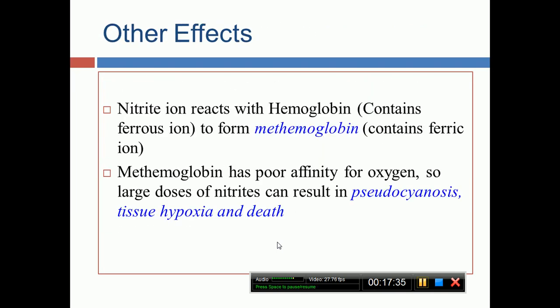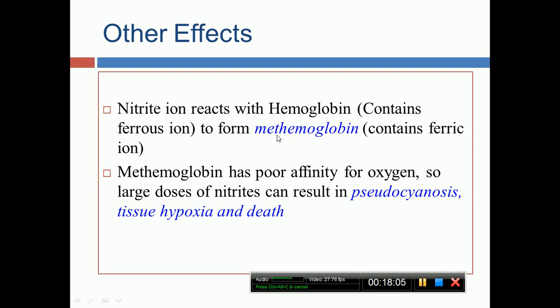So other effects: nitrite ion reacts with hemoglobin, which contains ferrous ion, to form methemoglobin, which contains ferric ion. So ultimately, if there is an overdose or an excessive nitrite ion from denitrification of nitrates, the excessive nitrite ion will react with hemoglobin.